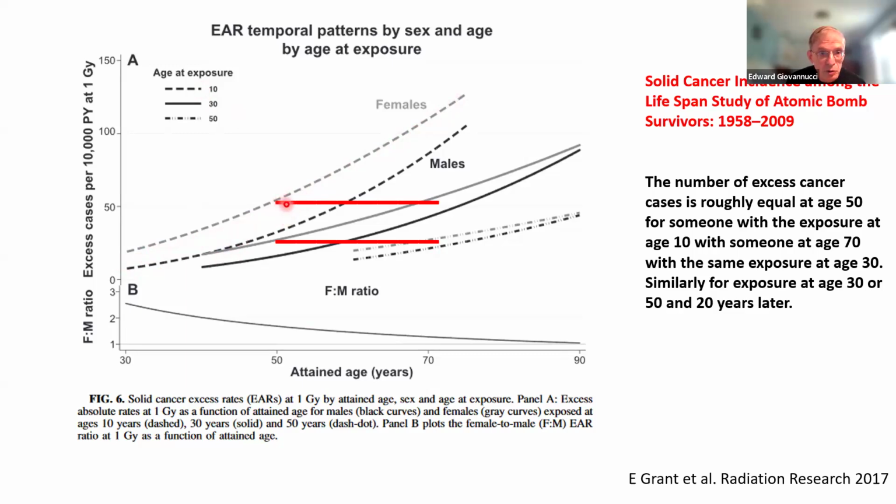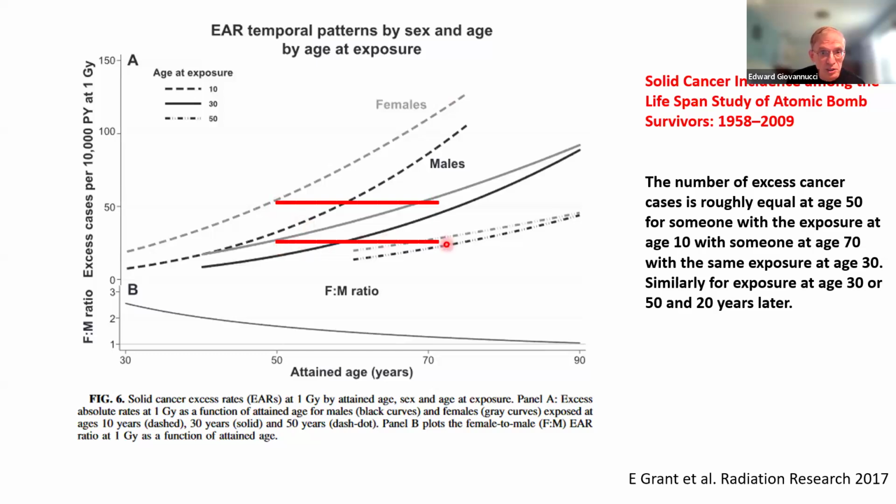And this one is for women who were exposed at age 30, and their rate at 70, the excess number of cancers, is just about similar to the ones that were exposed at age 10 and age 50.